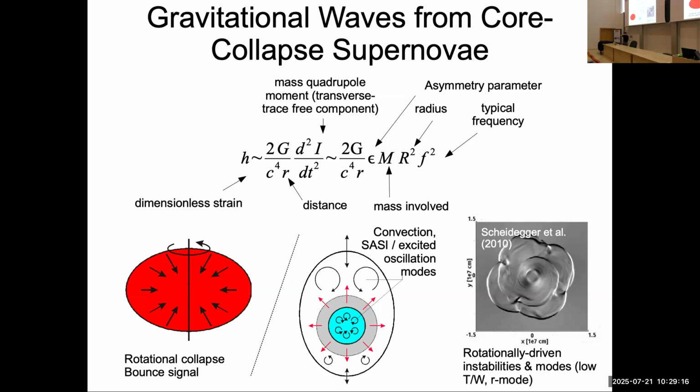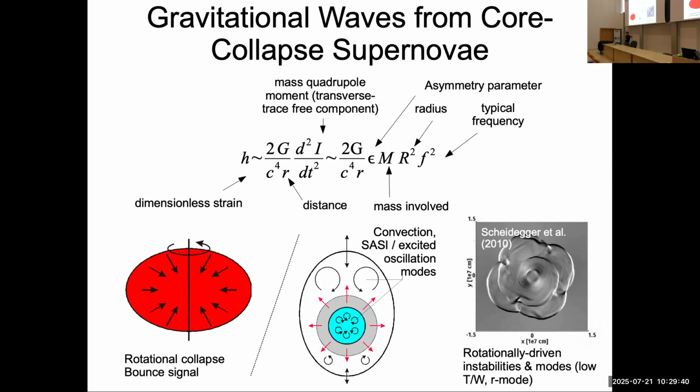The energy that's liberated during collapse is of the order of 10 to the 53 ergs, several 10 to the 53 ergs, and only a small fraction of that actually goes at some stage or another into aspherical motions that drive gravitational wave emission. But they're nonetheless substantial.